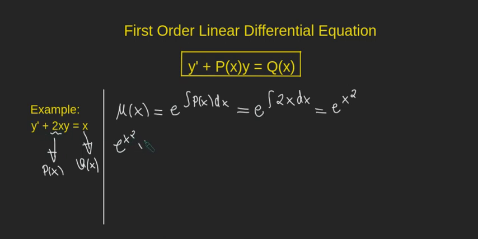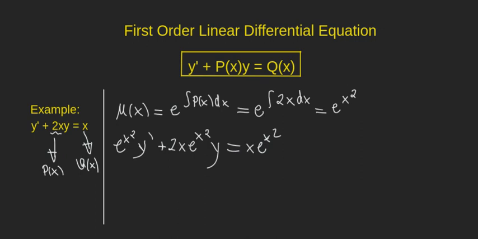Doing this on the left side, we get e^(x squared) y' plus 2x e^(x squared) y. I just copy the 2x and the y, and multiply by e^(x squared), equals x e^(x squared), because I have to multiply the right side as well.